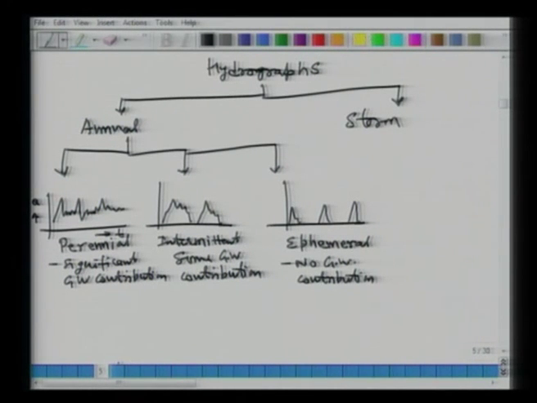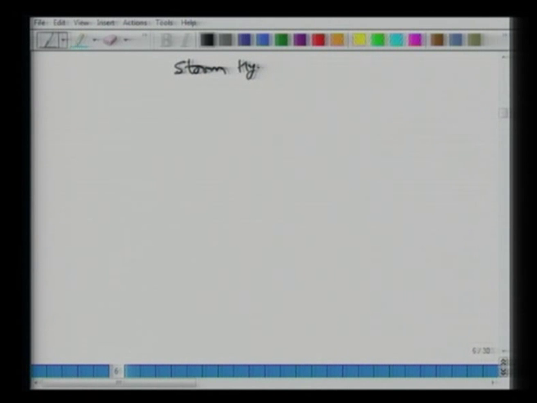Now, we come to the storm hydrograph. What we will do is, we will define various components of a storm hydrograph first, and then we will look at these different components more closely.